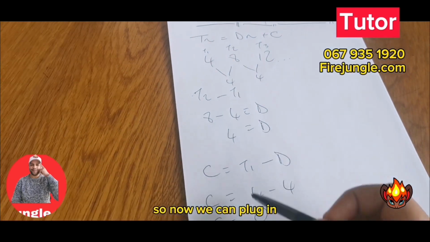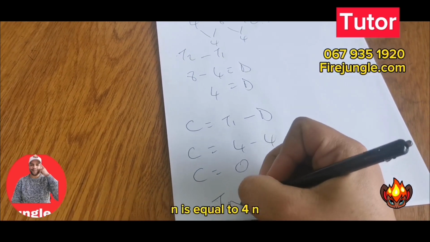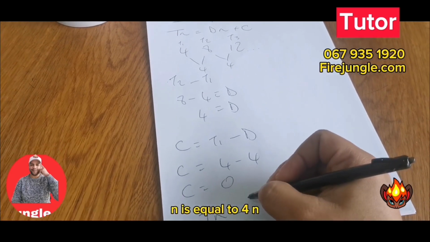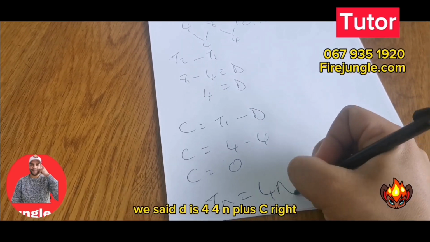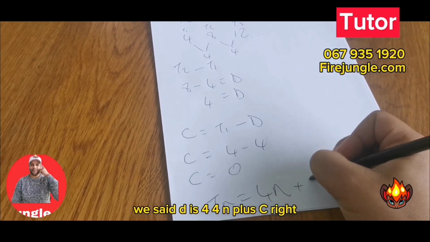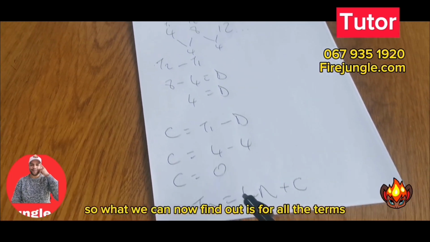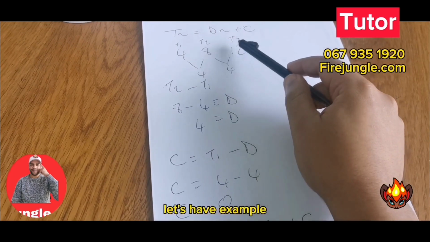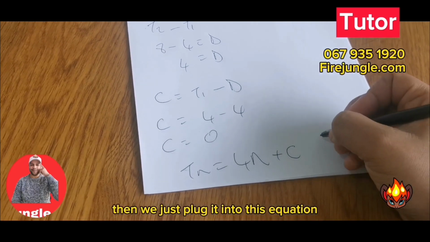Now we can plug in our values for the general term. The general term for this pattern is Tn equals 4n plus C, where D is 4. So for all the terms, let's say we want to find out what term 100 is, then we just plug it into this equation.